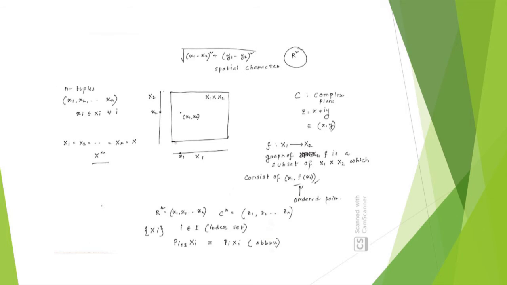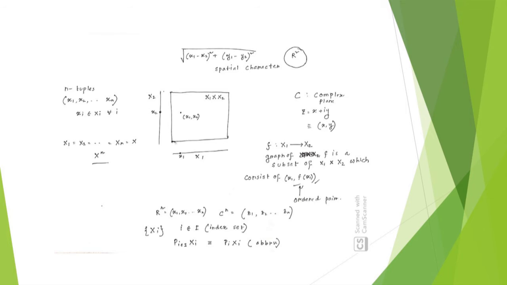It is defined on the index set I with the restriction that its value x of i is equal to xi, an element of the set capital Xi, for each i in capital I. Our point of view here is that the function x is completely determined by, and is essentially equivalent to, the array x1, x2, xn of its values.